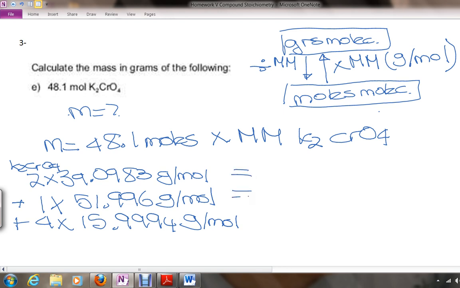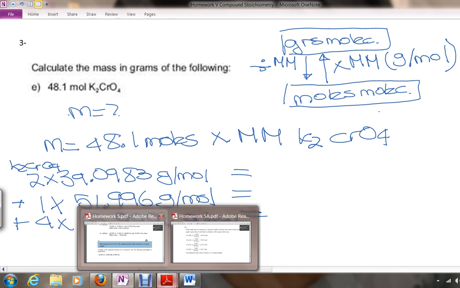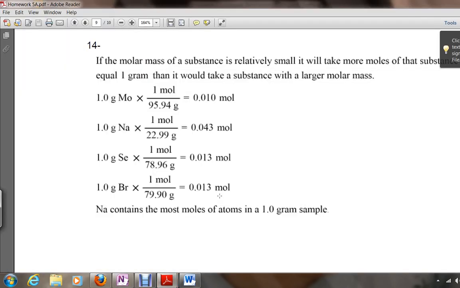So I'm going to give you the molar mass directly because I have the answers. And it's going to be, this is number 2 or 3.